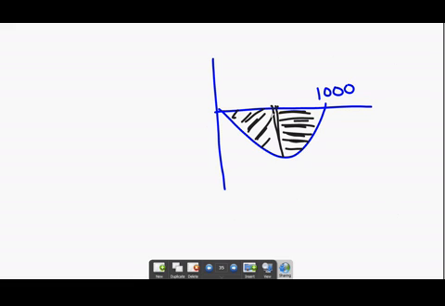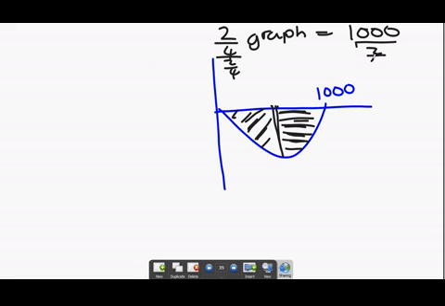So in this case, we now have 2 quarters of a graph, giving us 1000. So if I want to find out what one graph occupies, I divide this one by 2 quarters, and I divide this one by 2 quarters, and this will give me 500 times 4, that's 2000. Can you see? 2000 degrees.